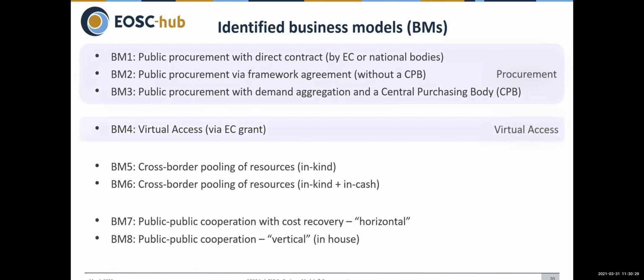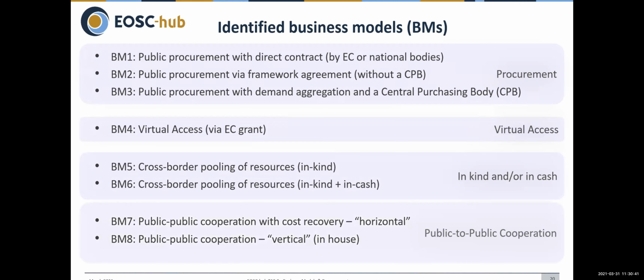I will explain later on, but probably most of you are aware of the basic principles. There is cross-border pooling of resources in kind and/or in cash, and there is an exemption to the main directive, cutting across procurement: public-to-public cooperation with cost recovery. I will go into the details later on.